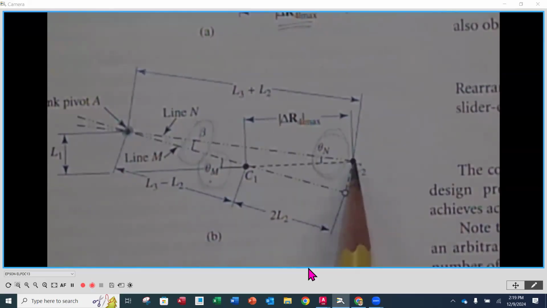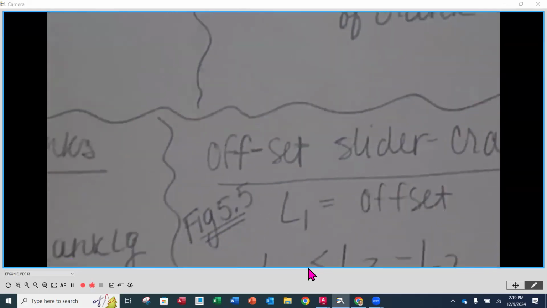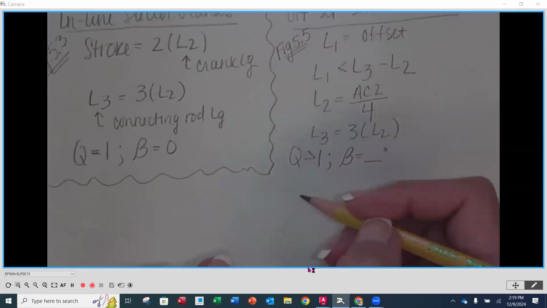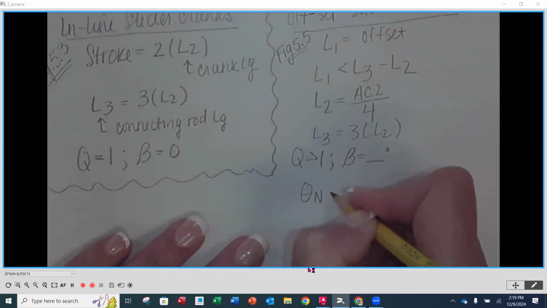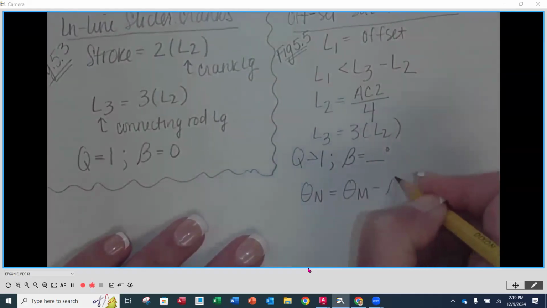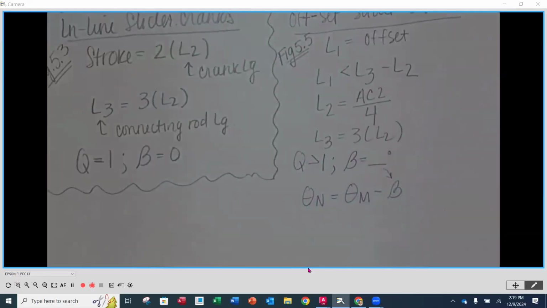Looking at the geometry, we can see a relationship where theta n is equal to theta m minus beta. So once we get beta, that's going to go down there.